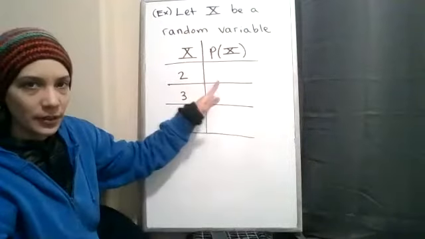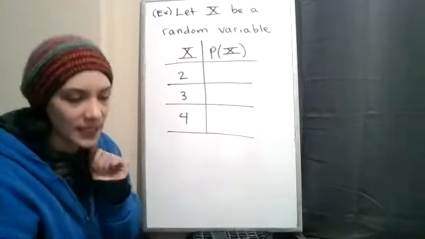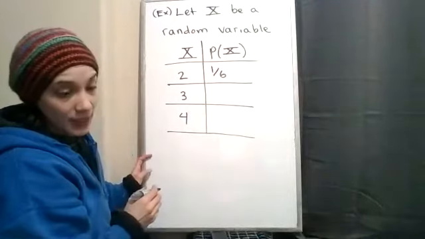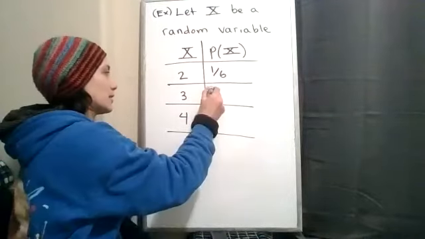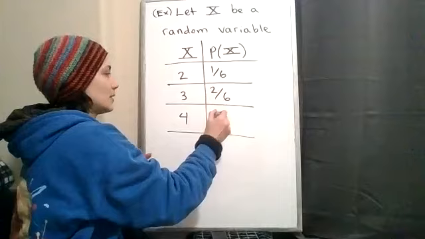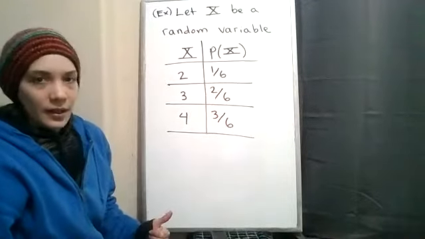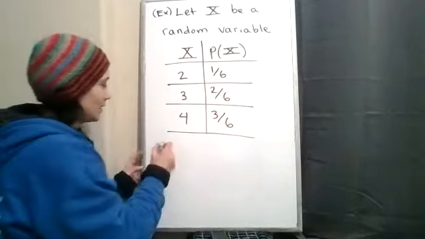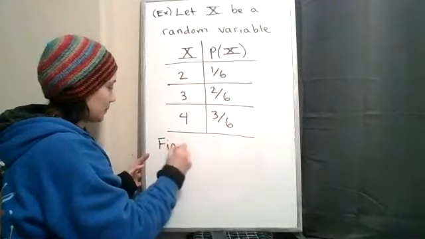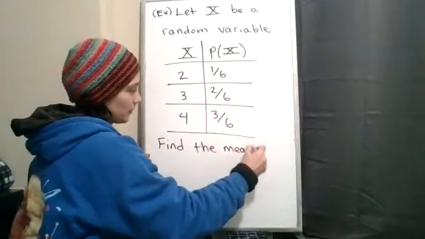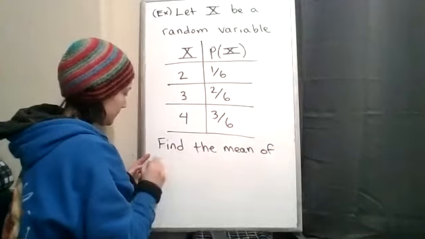Okay, probability for 2 is 1/6. And then 2/6 and 3/6. Okay, find the mean of X.